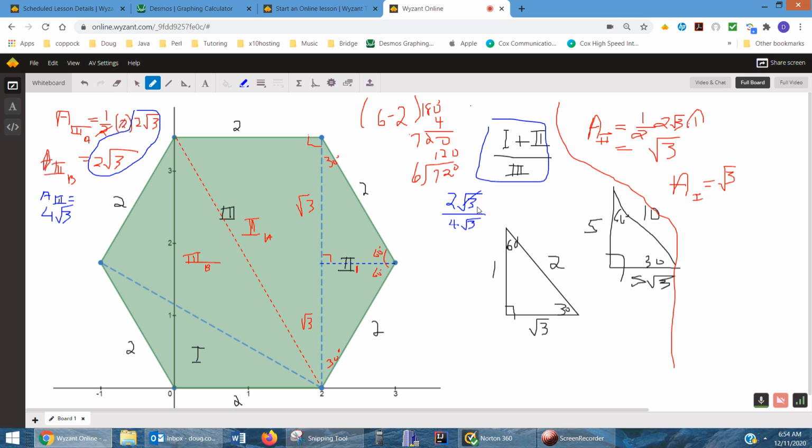The radical 3's cancel out, and the ratio turns out to be 1/2. That's your answer right there. Again, if we had x's in the answer instead of 2's, the strategy would be the same. It's just that at the end the x's would cancel out and we would still get 1 to 2.